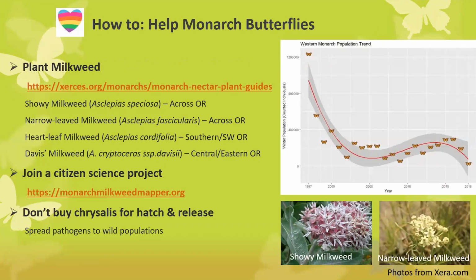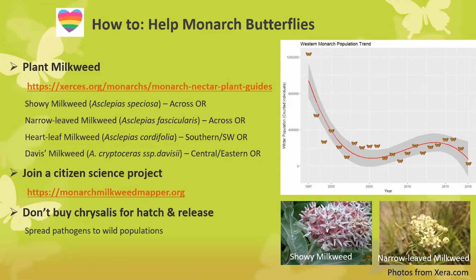If you want to help monarch butterflies, plant milkweed, because that is their host plant. And it's not just any kind of milkweed. It has to be the correct specific type. You can go to the xerces.org website and find the milkweed that's correct for your area.